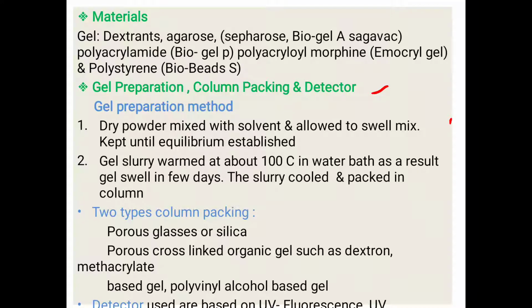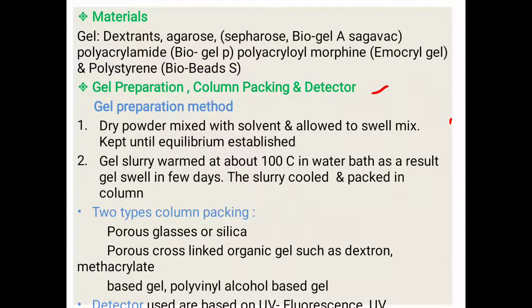First, gel preparation methods. The methods generally used for the preparation of gels are, the first one, the dry powder is mixed with solvent and allowed to swell in the solvent, which is used as an eluent. In actual practice, a weighed amount of dry powder is mixed with a solvent and allowed to swell, and the mixture is kept until equilibrium is established.